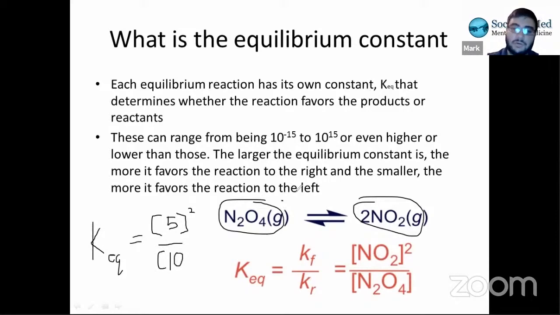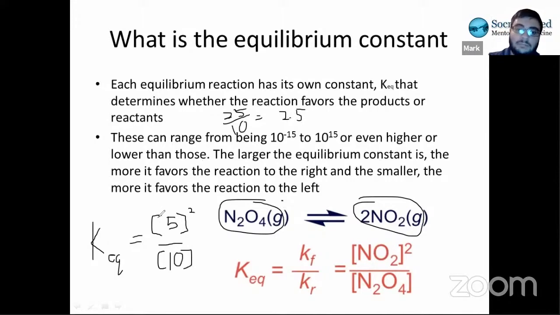Maybe actually it should be lower, but just pretend we're doing this, right? It doesn't really matter which equation we use. That means KEQ will be 25 over 10, or essentially 2.5, right? That's what KEQ is. KEQ for this reaction will always be 2.5, right?